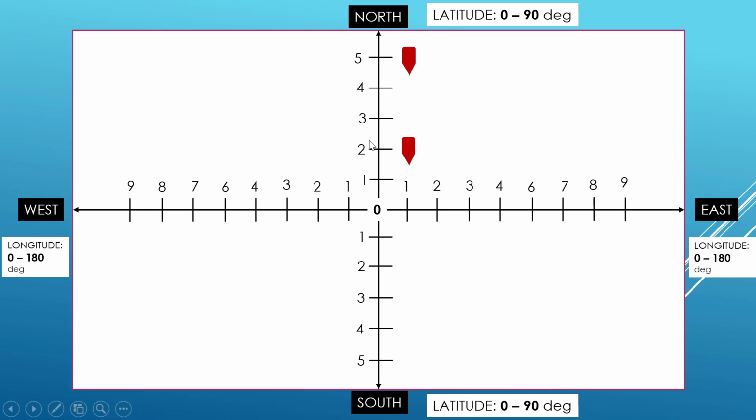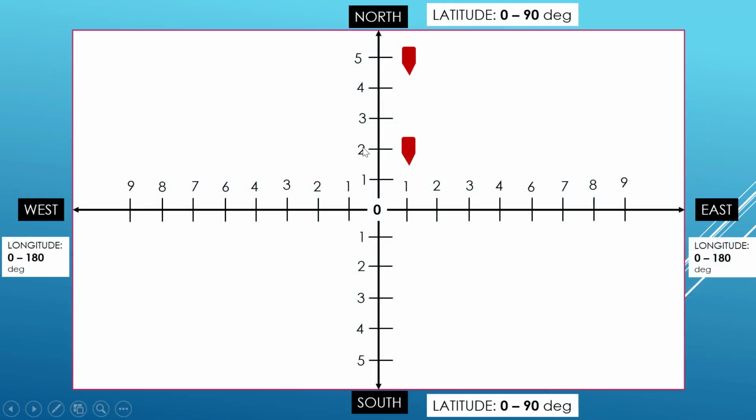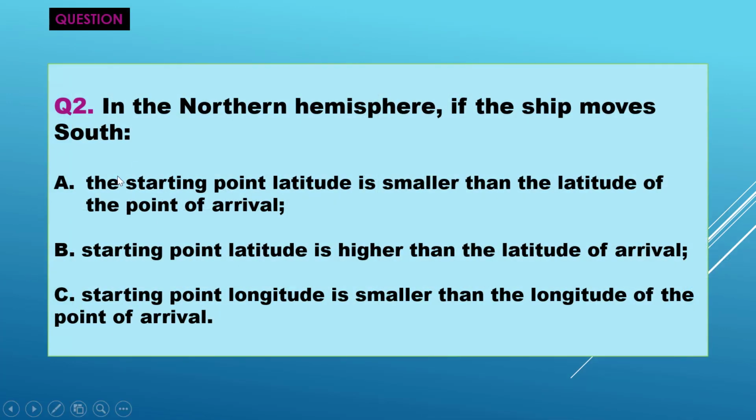Go back to the question again. The starting point latitude is smaller than the latitude of the point of arrival. Is that true? No. The starting point latitude degree is not smaller than the latitude of arrival point. So that means the answer for this is wrong.